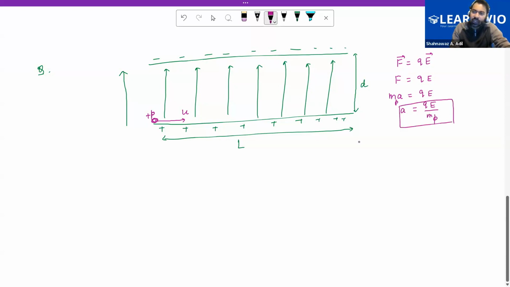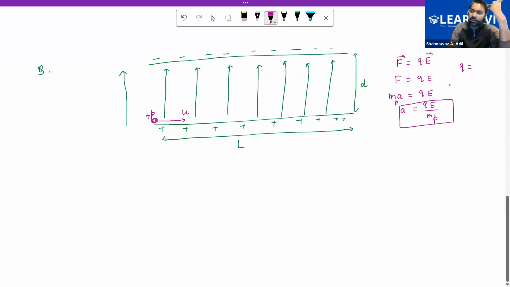Now, what kind of acceleration is this one? Is it uniform or non-uniform?